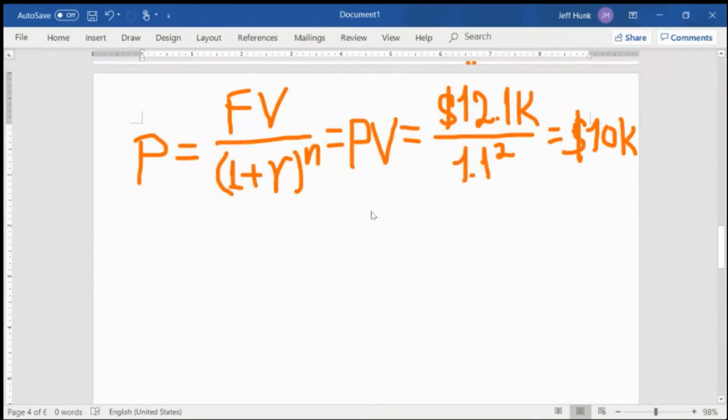The reverse process is the process to find the present value, and this process is called discounting. The reverse process of compounding is called discounting.